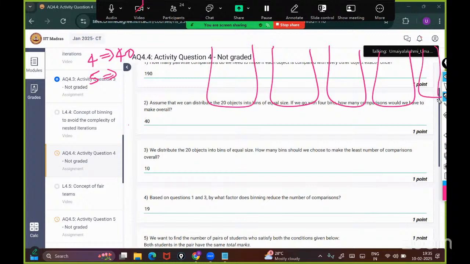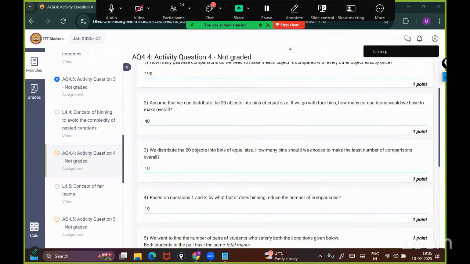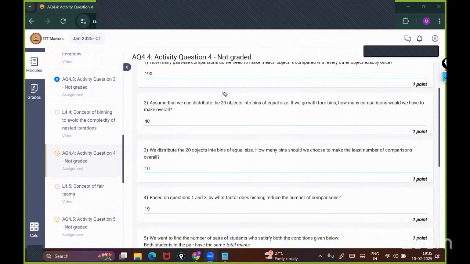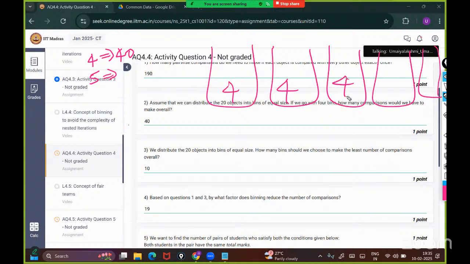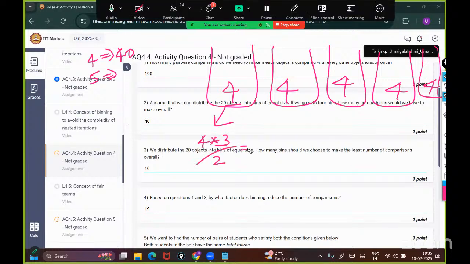If it is 5 bins, each bin contains 4 elements. If it is 4 elements, how many comparisons will be made here? 4 into 3 by 2, which is 6, right?